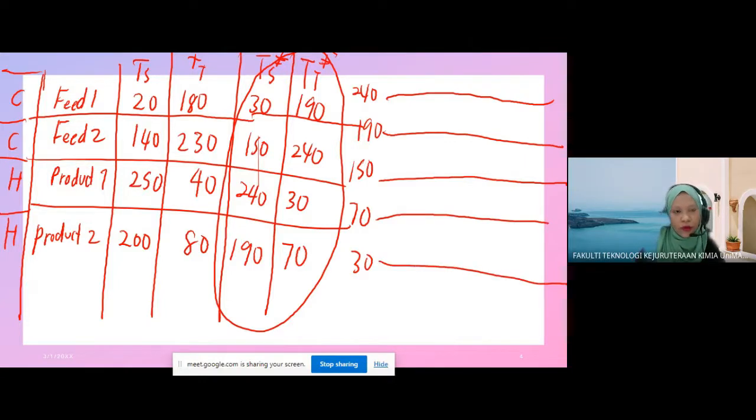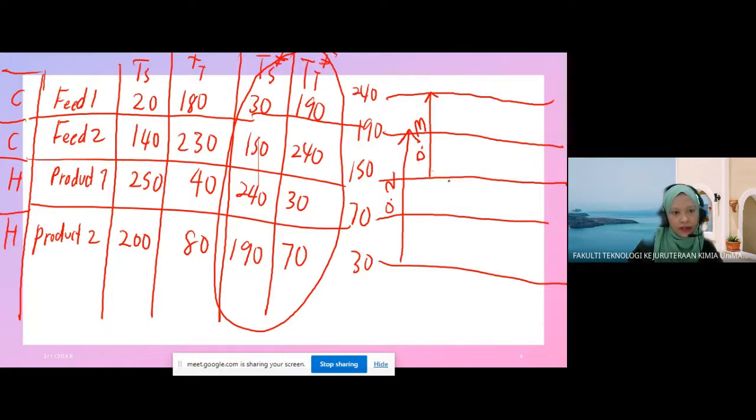And then you draw the streams. The first cold stream is 30 to 190. And what is the CP value? The CP value that we calculated just now is 0.2, right? And then the second cold stream is from 150 to 240, and this has a CP value of 0.3, right?